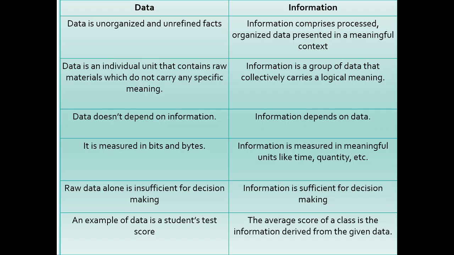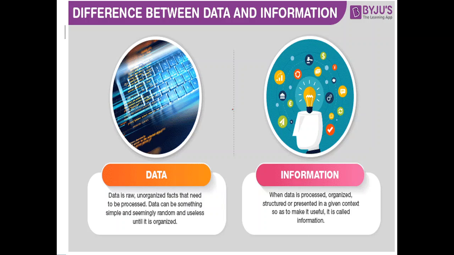We can differentiate data and information. Data is actually raw, unorganized facts that need to be processed. Data can be something simple and seemingly random and useless until it is organized. Let's suppose you want to create a chair.